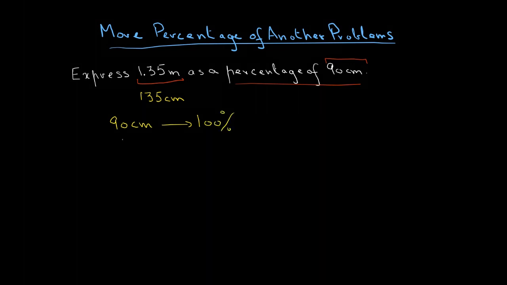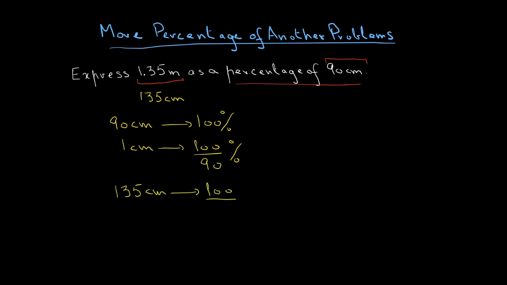Which means 1 centimeter would be considered 100 over 90%, which means that 135 centimeters would be considered 100 over 90 into 135%.